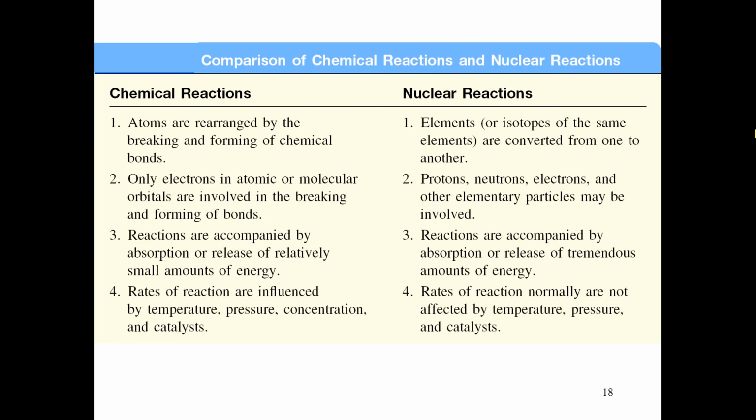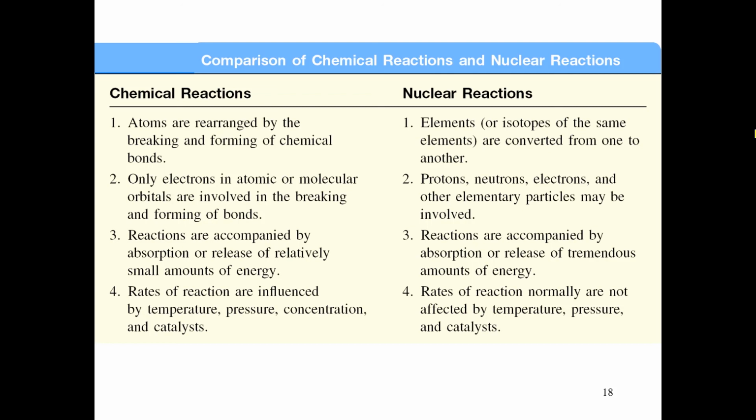In other words, chemical reactions essentially involve electrons in the orbitals, and most of the time only electrons in the valence orbitals. In nuclear reactions, you're going to have protons, neutrons, electrons, and even other kinds of elementary particles involved in the process. Number three, chemical reactions are typically accompanied by the absorption and release of relatively small amounts of energy.